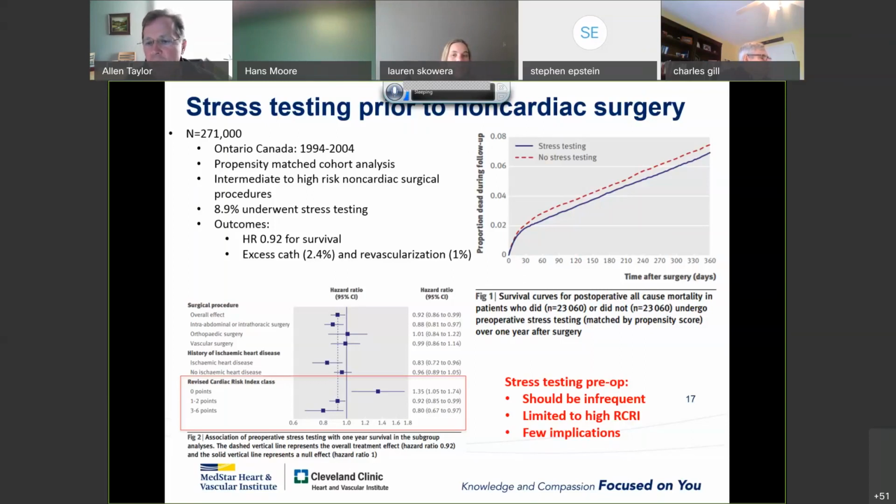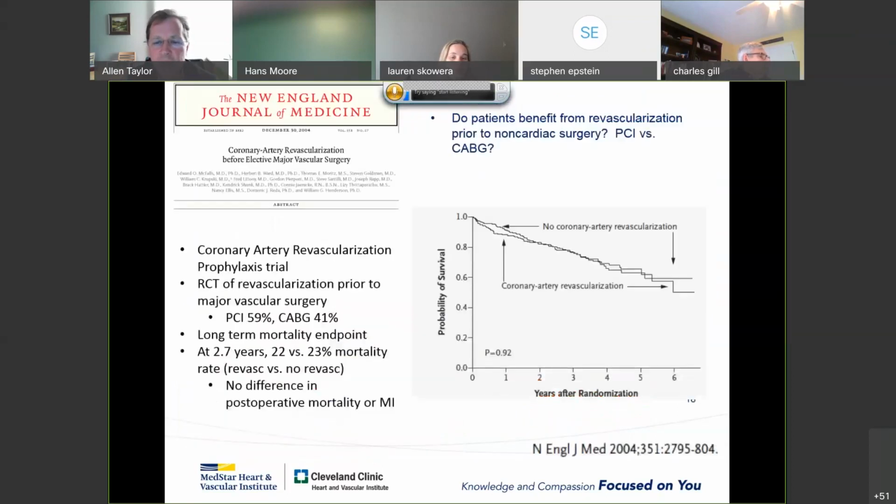And it's only over time, and it's actually quite a negligible effect over the first year, whether stress testing or no stress testing survive. So stress testing really should be quite infrequent, limited to patients who have a high RCRI, and has few clinical implications, which really derives from the fact that when looking at where stress testing actually leads you, it doesn't lead you anywhere typically productive.